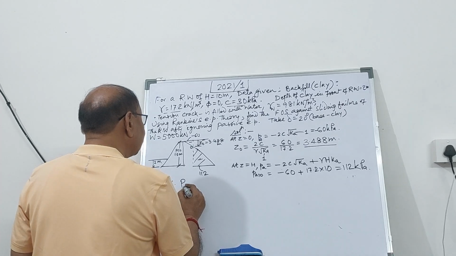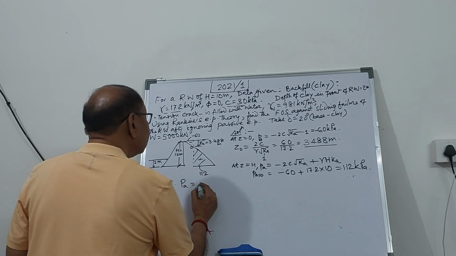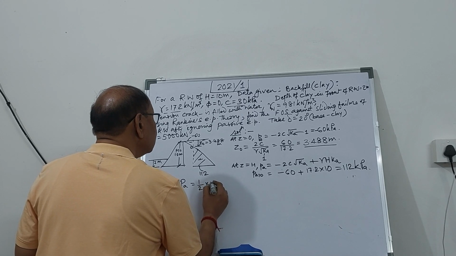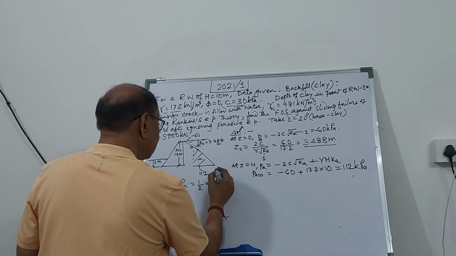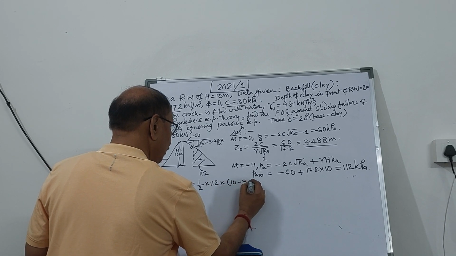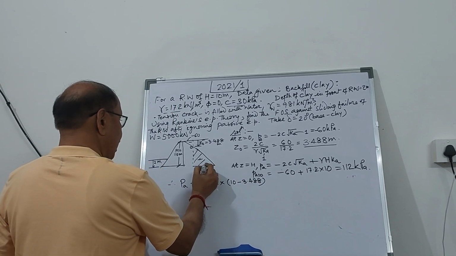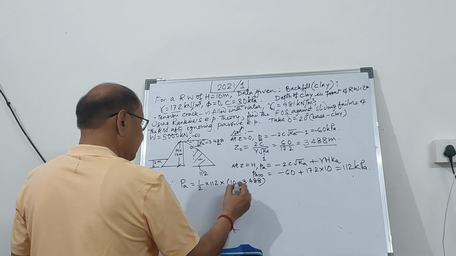Now, active earth pressure will be half into 112 into 10 minus 3.488. So half into base into height is 10 minus this.